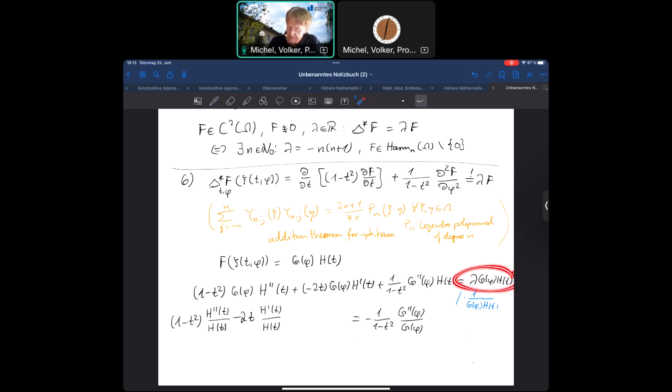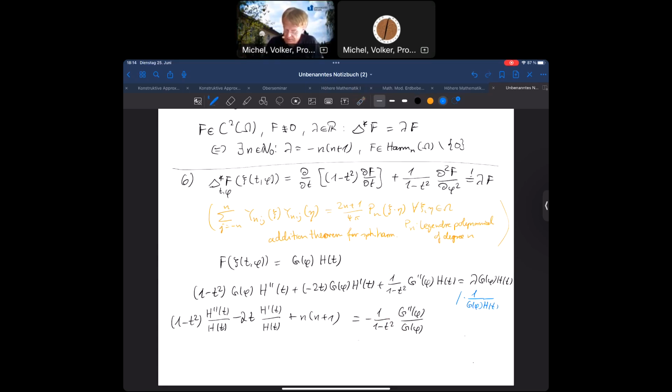Now you might guess why I put this on the right-hand side, because I know where I'm going to later on, that this will be helpful. And don't forget that I'm dividing by gh, so I have simply a lambda left. Or maybe I can already use what lambda is. Lambda is minus n times n plus 1. So I can write here a plus n times n plus 1, for some n that I've chosen. So still, the variables are not completely separated because I have a t dependence here on the right-hand side.